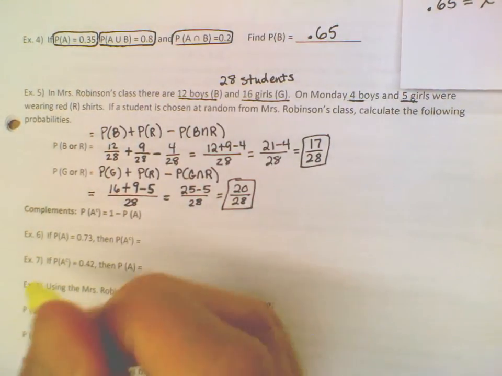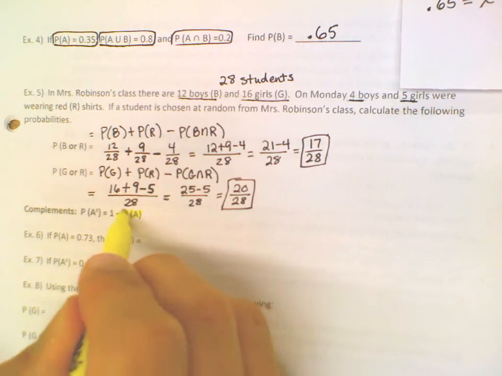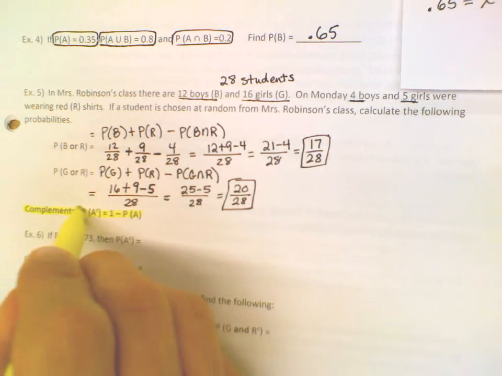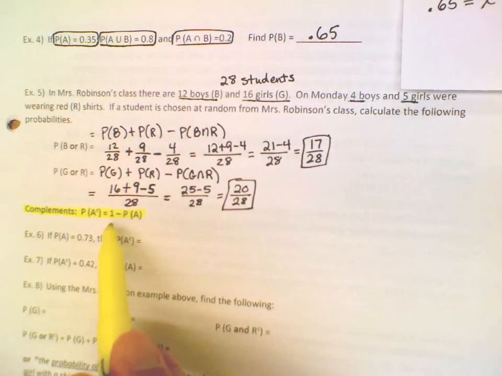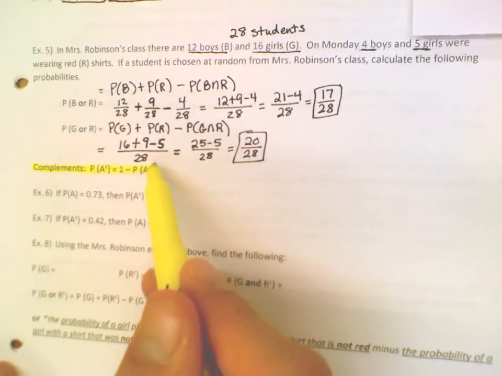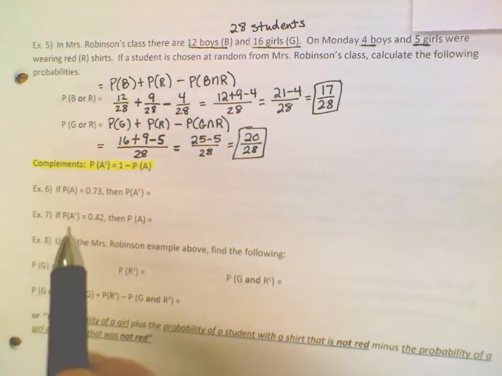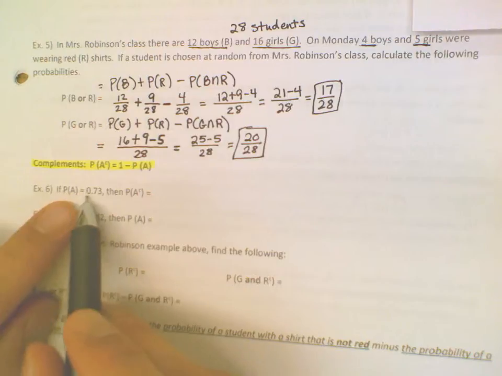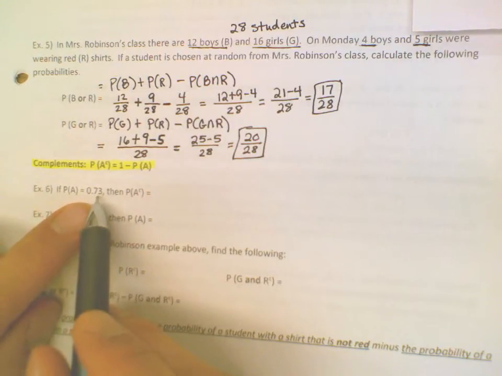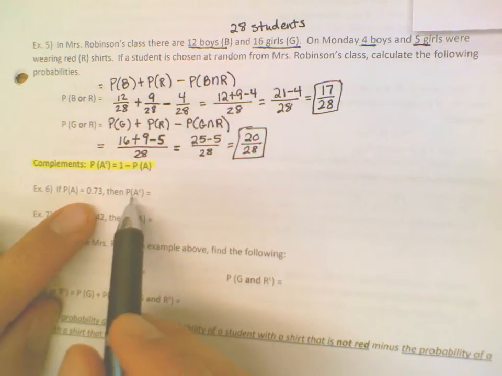Here's another formula that I introduced to you yesterday about complements. It's 1 minus the event that it actually does happen. So, example 6. If the probability of an event A happening is 0.73, then what is its complement?